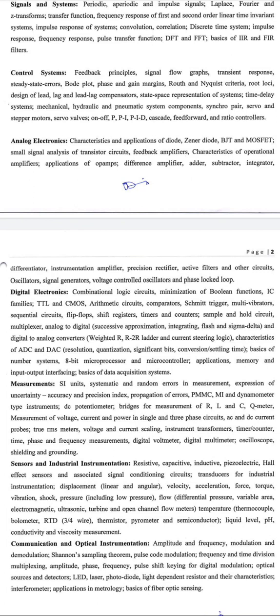Characteristics of ADC and DAC: resolution, quantization, significant bits, conversion or settling time.